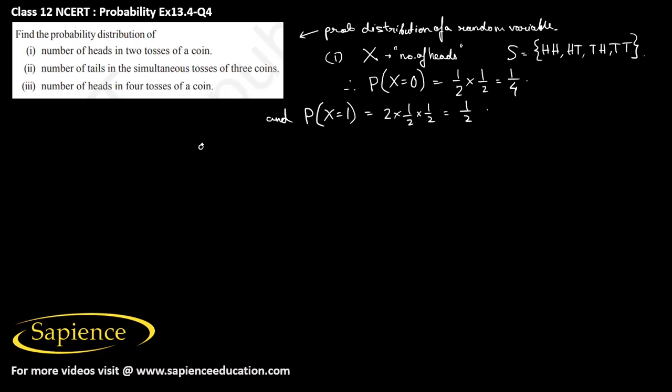And similarly, the probability of x equal to 2 means we should get both heads. That would be 1 by 2 into 1 by 2, that is also 1 by 4.